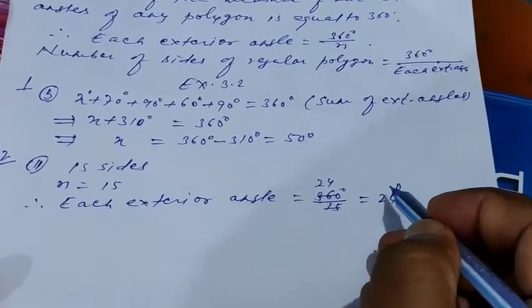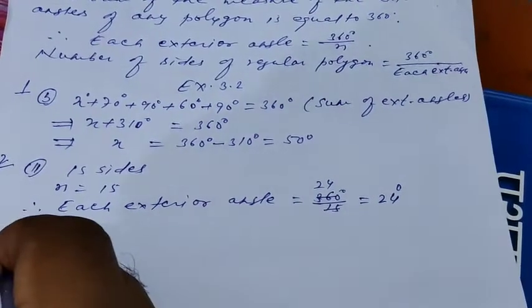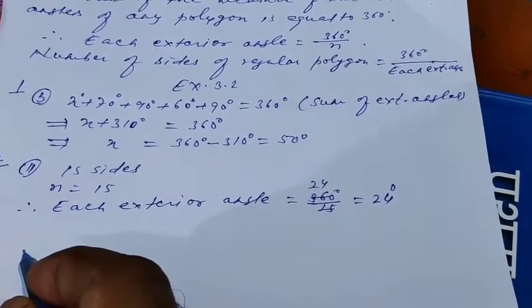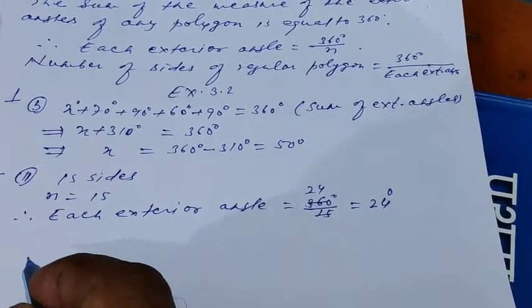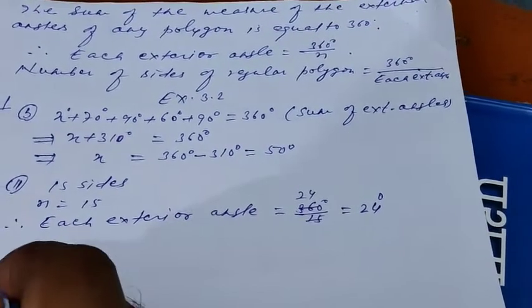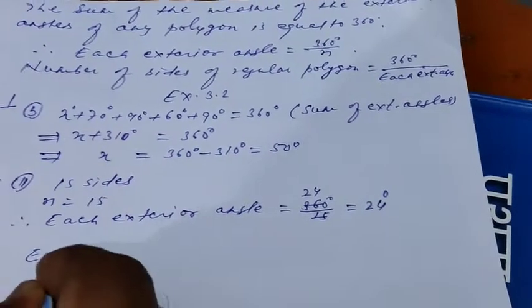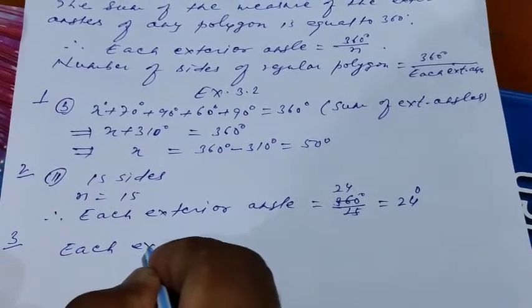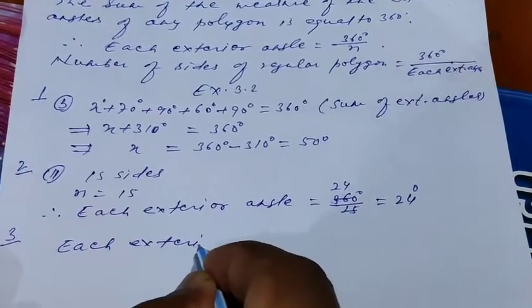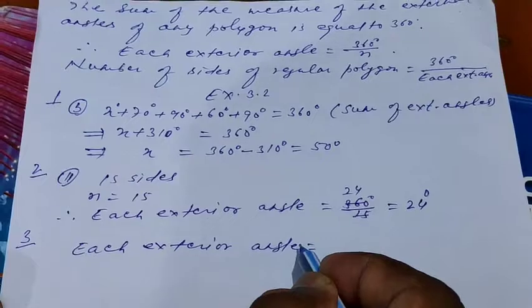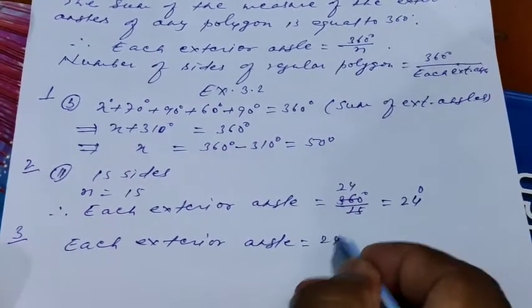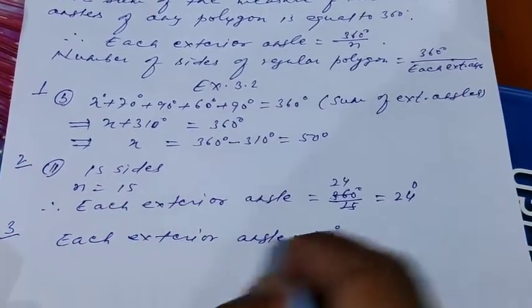Now, question number 3. How many sides does a regular polygon have if the measure of an exterior angle is equal to 24 degrees? It is given that each exterior angle is equal to 24 degrees, and you have to find the number of sides.